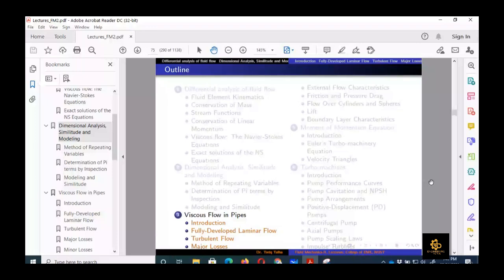When we talk about the human body, all the blood is flowing through veins, so that is also a kind of internal flow. Then the flow through your trachea and bronchioles in the human lung is also a kind of internal flow. So we have a vast application for internal flow.